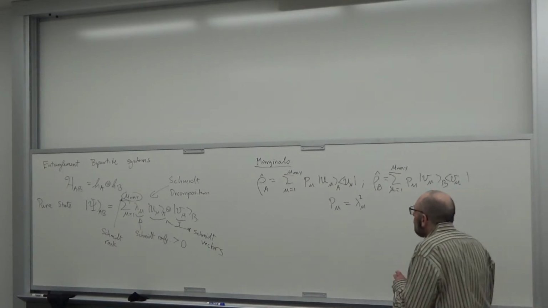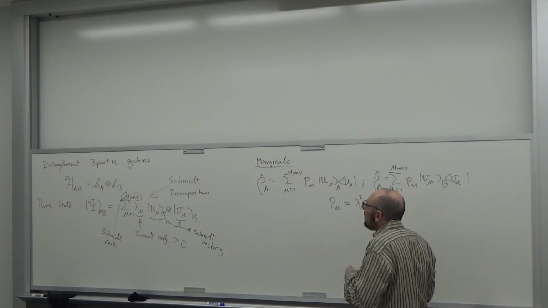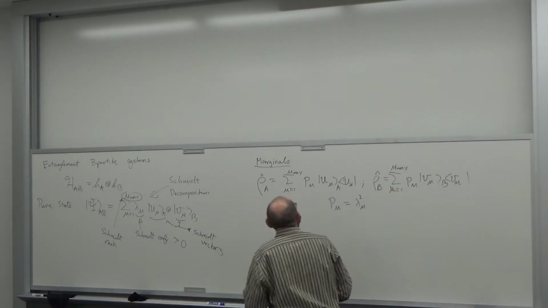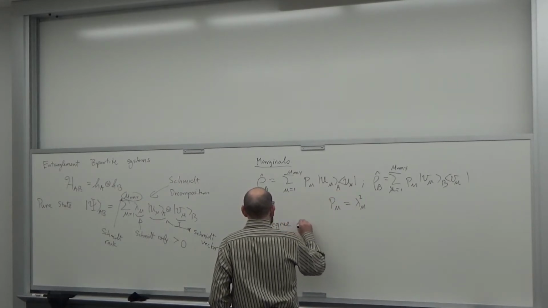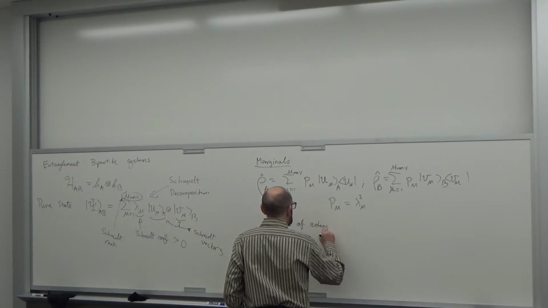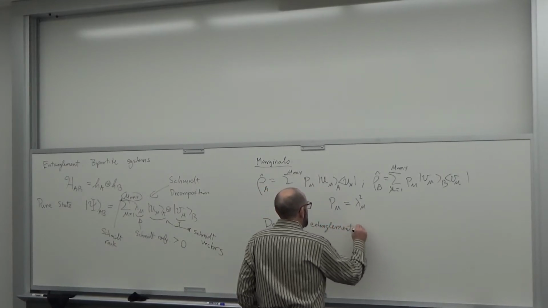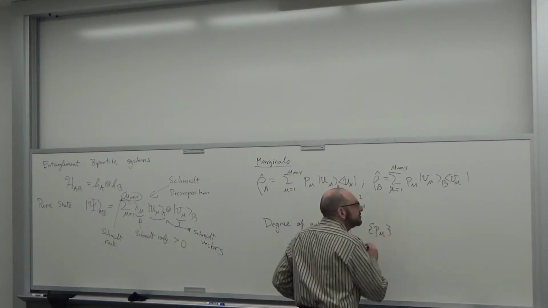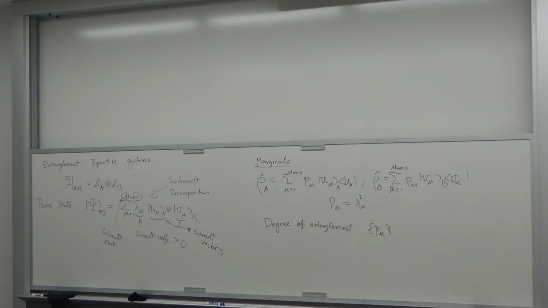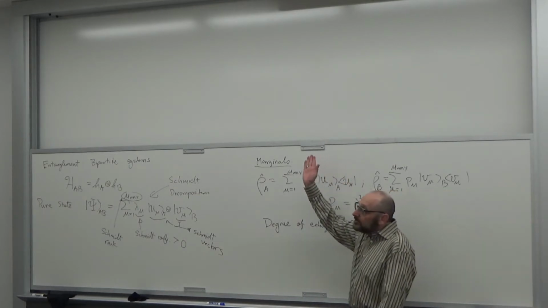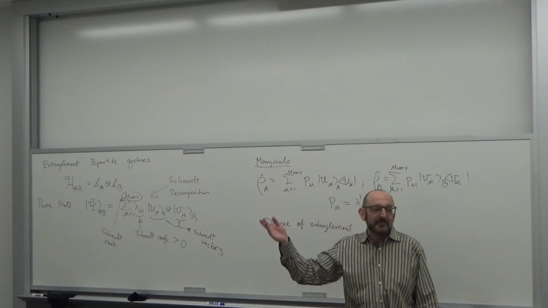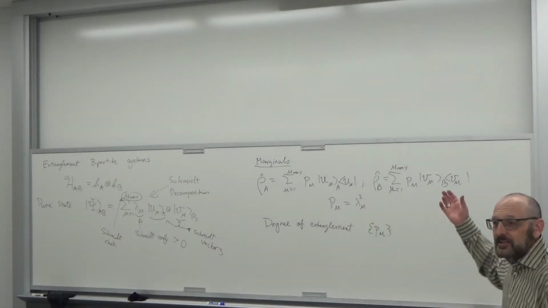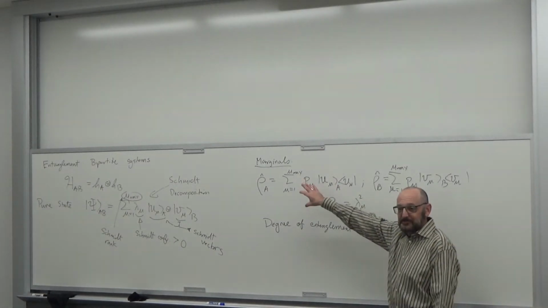And most importantly, or at least one of the most important things, is that the degree of entanglement depends on this probability distribution. Right? So I can think always of the density operator as a statistical mixture of its eigenvectors, weighted by the probabilities given by the eigenvalues, right?